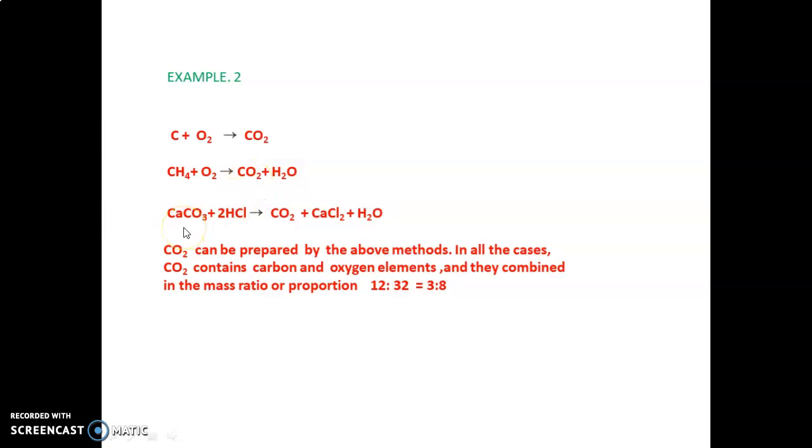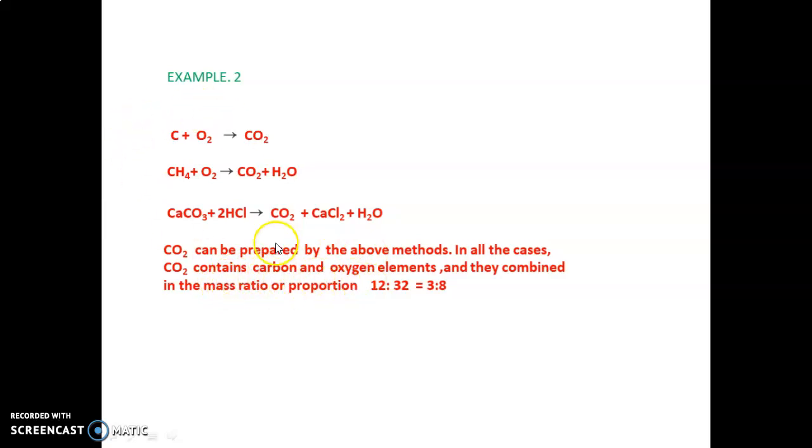And also when any carbonate, for example calcium carbonate, reacts with common aqueous acids, we get carbon dioxide. Also, by heating different carbonates, we get carbon dioxide. Carbon dioxide can be prepared by the above methods. In all the cases, CO2 contains carbon and oxygen elements.